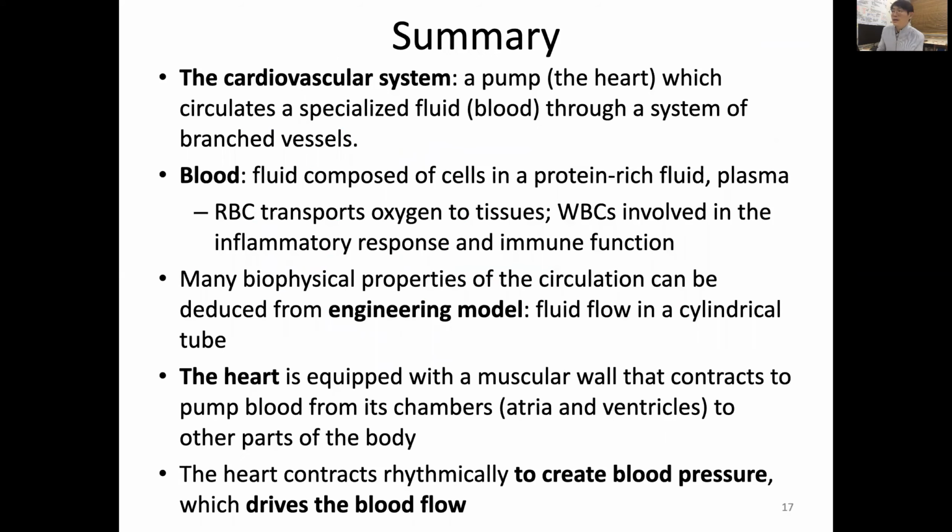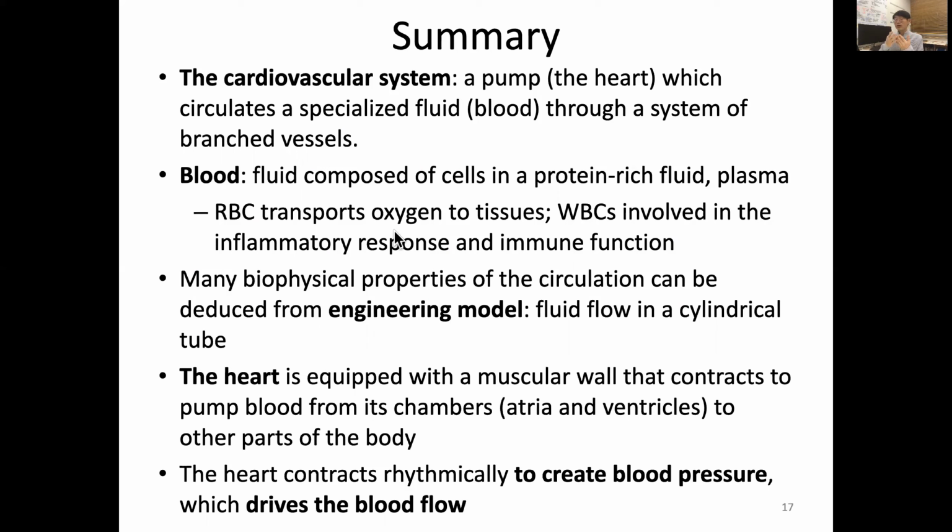So let's summarize. The cardiovascular system is a pump, which is the heart, which circulates a specialized fluid, which is blood, through a system of branched vessels. And blood is a fluid composed of cells in a protein-rich fluid called plasma. Those cells include mostly RBC, red blood cells, about 40%, which transport oxygen to the tissue.